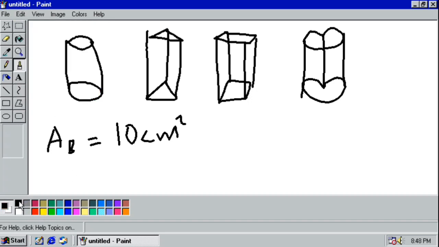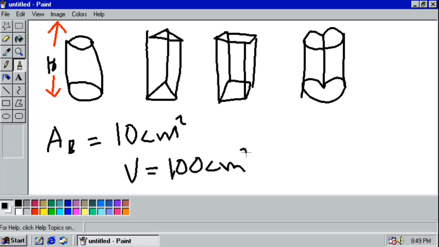And let's give them all a height of, let's say, 10 centimeters. What do you think we're going to do? We're simply going to multiply 10 by 10. So the volume of this is 10 times 10, which is 100 cubic centimeters. So the volume of all of these figures is 100 cubic centimeters.